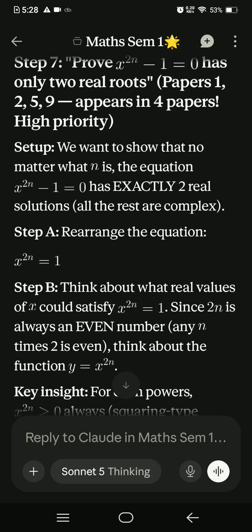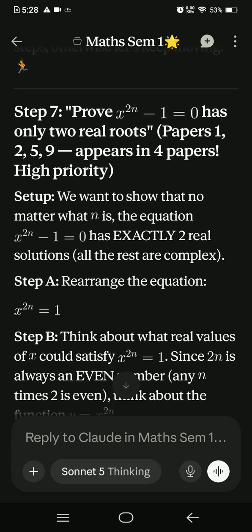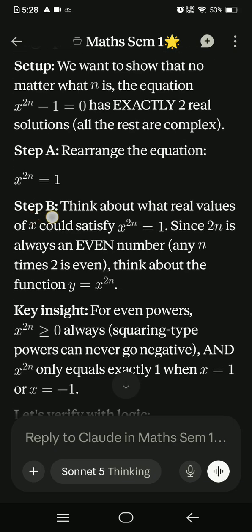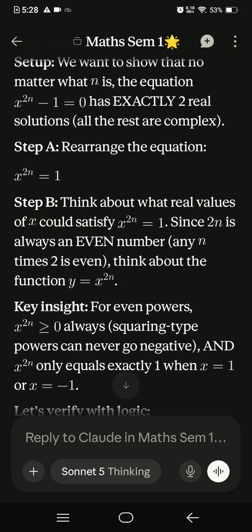So step A, rearrange the equation. Now this can be written like this. Think about the real values of x that could satisfy it being equal to 1. Since 2n is always an even number, any n times 2 is even.